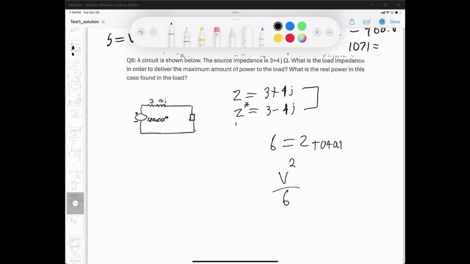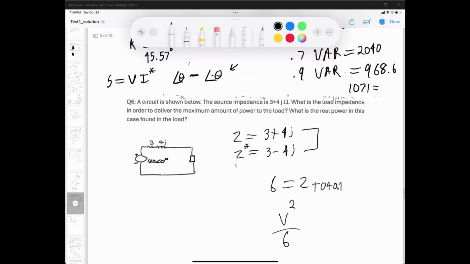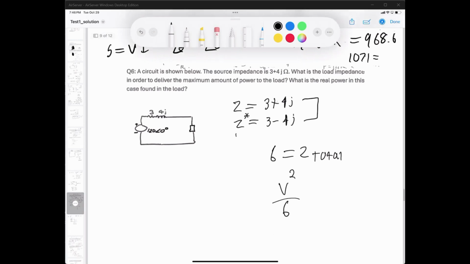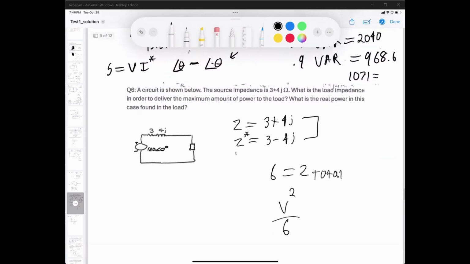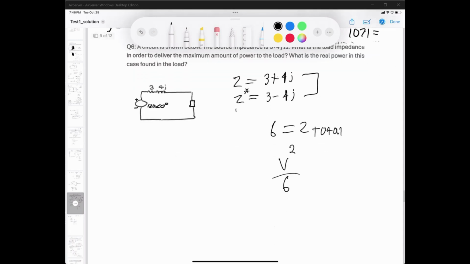Since this is only real power, and typically voltage is given in root mean square, we're going to do 120. 120 is the peak voltage, my bad, divided by root 2.